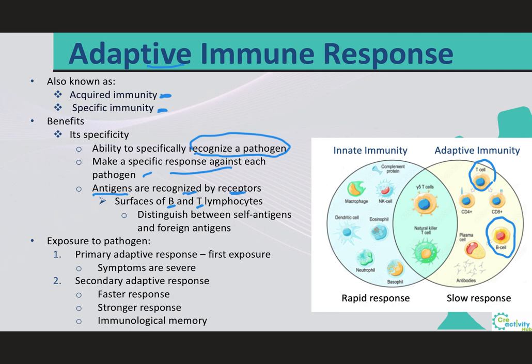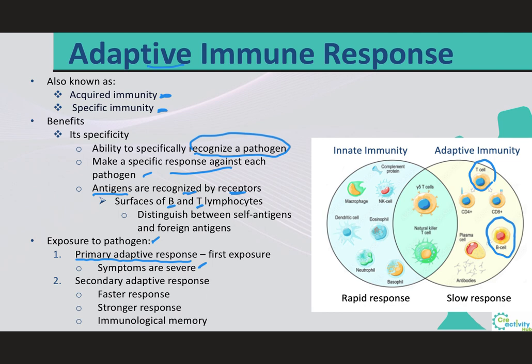Now, there are 2 steps to this adaptive immune response. The first exposure to a pathogen is what we call a primary adaptive response. And symptoms to this first infection are called primary disease, and they're always relatively severe because it takes at least a couple of weeks for an initial adaptive immune response to a pathogen to become very effective.